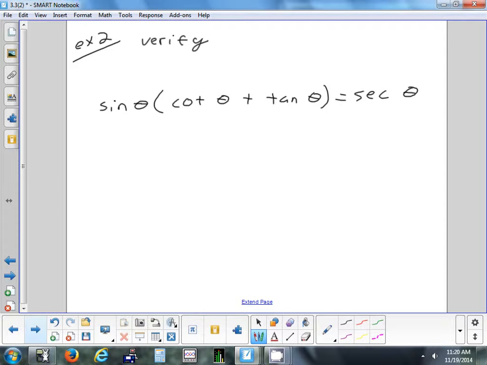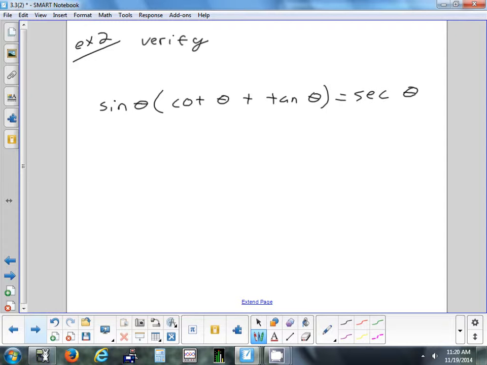All right, so we've got sine times cotangent plus tangent in parentheses equals secant. Ashley, any thought that we could try here? We change them to sine and cosine. Yeah, changing to sines and cosines, usually that's a good idea.